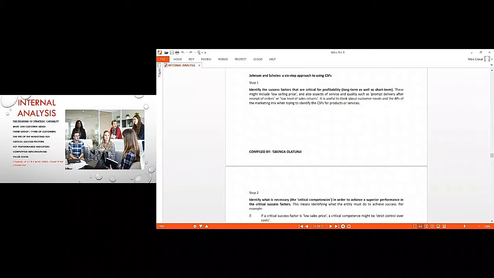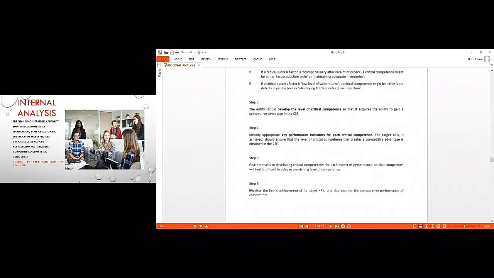Then, having identified them, we must build our core competencies around the identified factors. So the second step is to identify what is necessary, that is the critical competencies, in order to achieve a superior performance in the critical success factor. So having known what we need to do to make us profitable, the first step, the second step is we must develop ourselves to have core competencies in it.